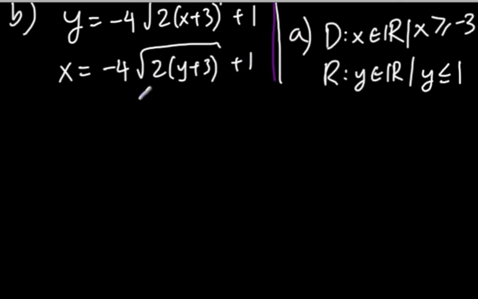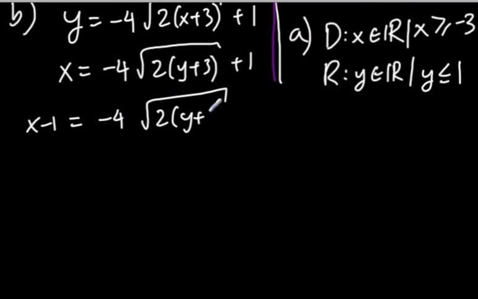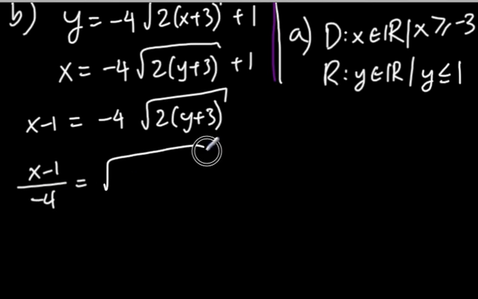So we subtract 1 from both sides. We get x minus 1 is -4 square root of 2y plus 3. Then we're going to divide by -4 on both sides. So x minus 1 divided by -4 is equal to the square root of 2y plus 3. Then if I want to get rid of the square root, I have to square both sides.